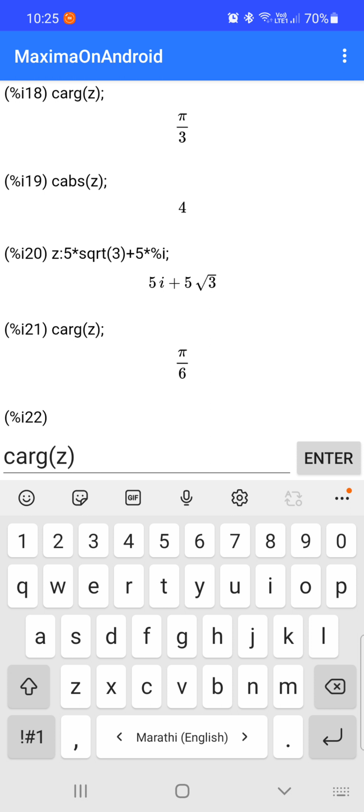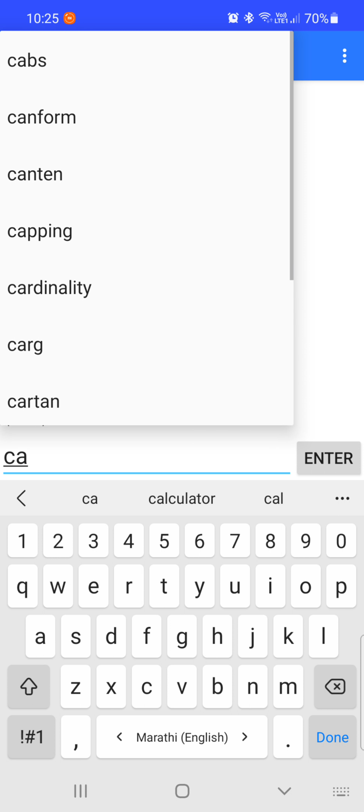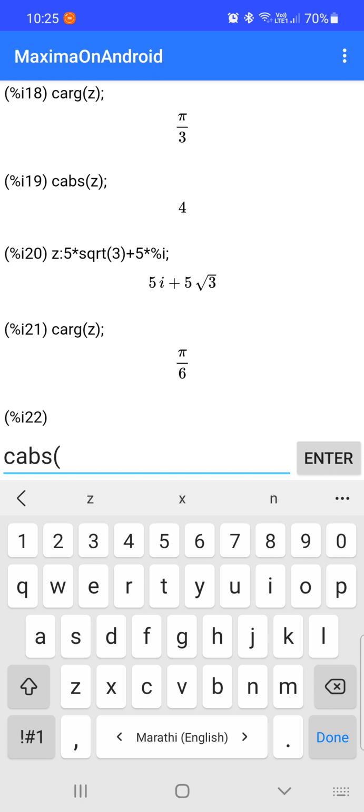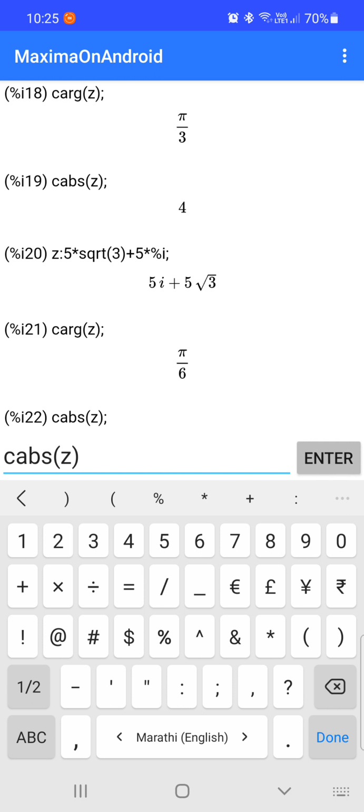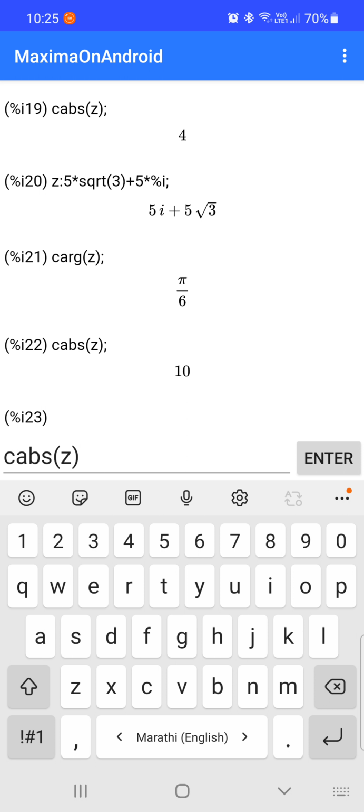So we get the answer pi by 6. Also you can find the modulus of the given complex number by using the command cabs of z. So it is equal to 5 squared is 25 and 5 root 3 squared is 75. So 75 plus 25 is 100 and the square root of 100 is 10. So the modulus of the given complex number is 10.